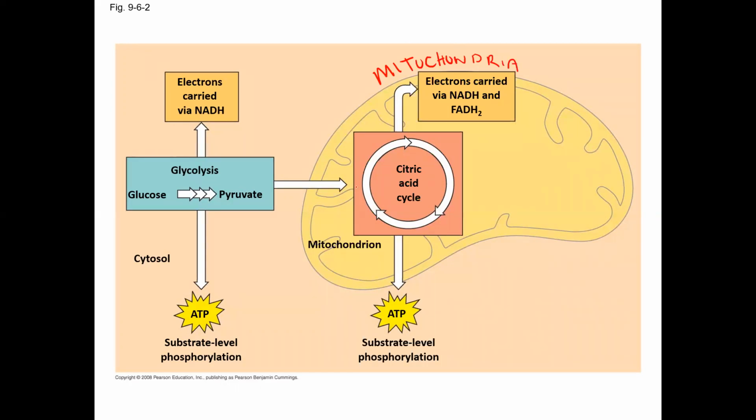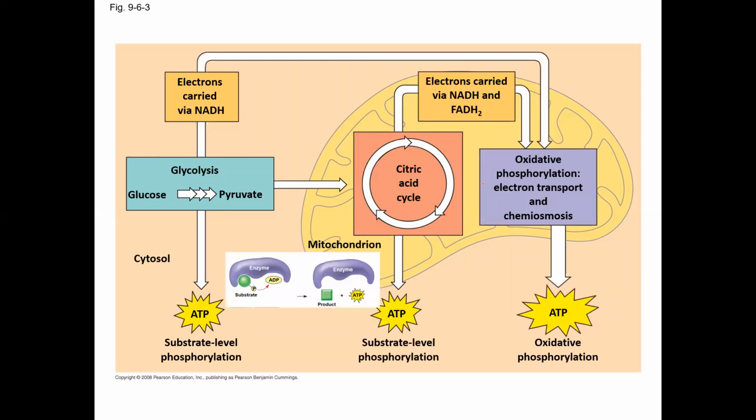Inside the mitochondria, stage 2 is pyruvate oxidation. Stage 3 is the citric acid cycle, also called the Krebs cycle. And stage 4 is the electron transport chain and chemiosmosis, which uses oxygen as the final electron acceptor. So we call that oxidative phosphorylation.